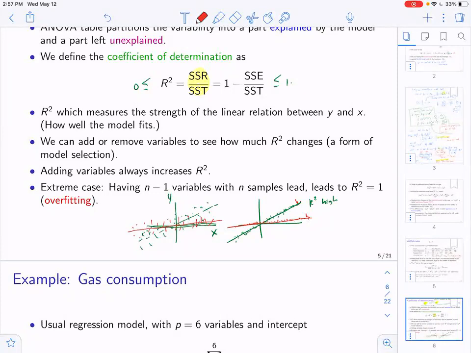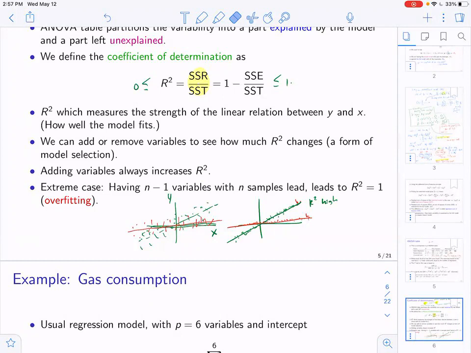So the other comment is that whenever you add a variable, you always increase R squared. Whenever you add a variable to your model, you go to a super model. The previous model would be a submodel of the new model, or you can say that the new model is a super model of the previous model.